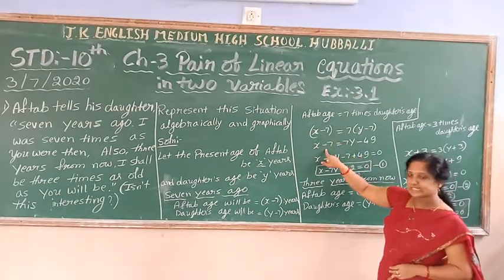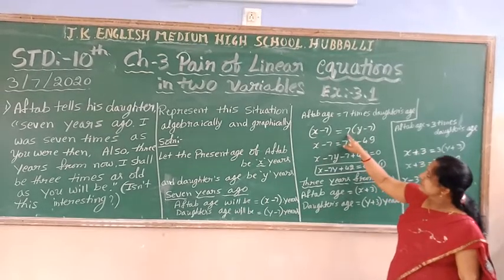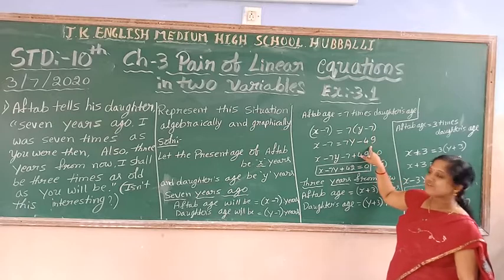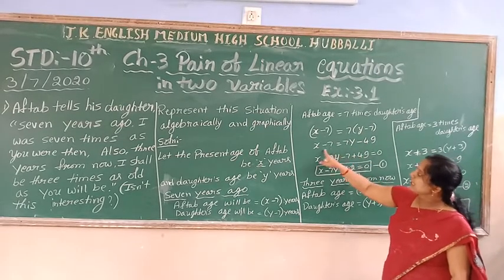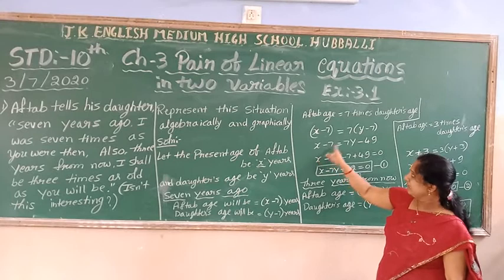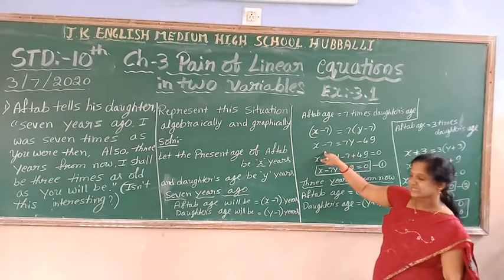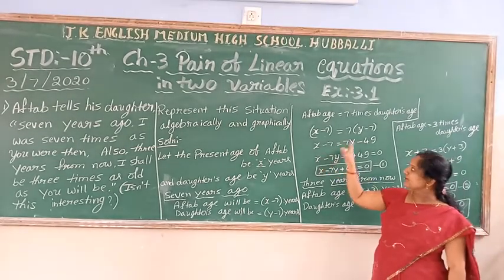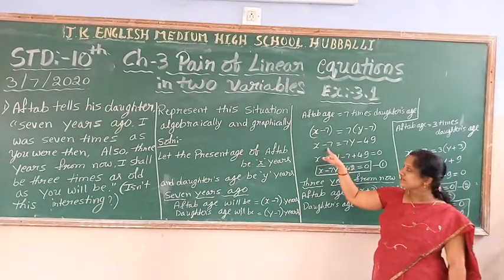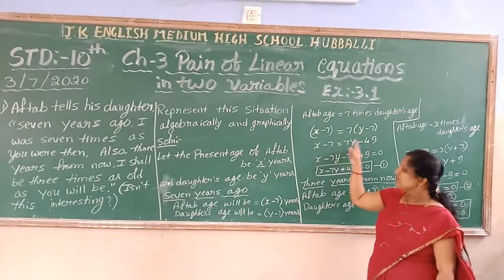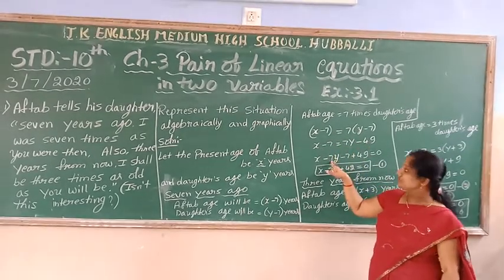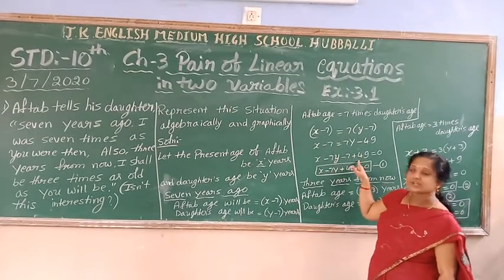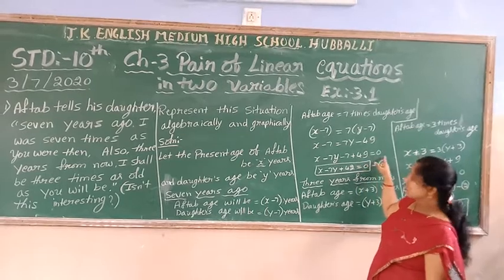X minus 7 as it is, multiply 7 into Y, 7Y, and 7 into minus 7, minus 49. Keep X and minus 7 as they are. Bring the Y term and the minus 49 to this side. When plus 7Y comes from one side to the other side of the equals sign, the sign changes, so it becomes minus 7Y. Minus 49 becomes plus 49, equal to 0.